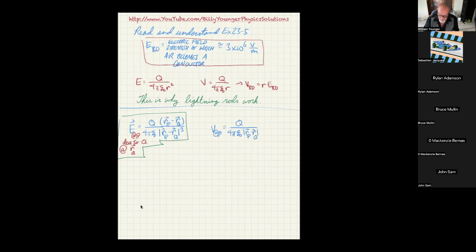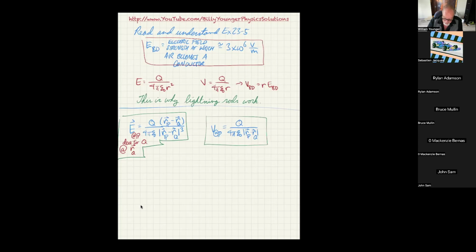And this time it's just going to be a single power because I don't need a vector on top to give me a direction, because V is a scalar quantity. And I realized that the voltage is only inversely proportional to R as opposed to inversely proportional to the square of R.